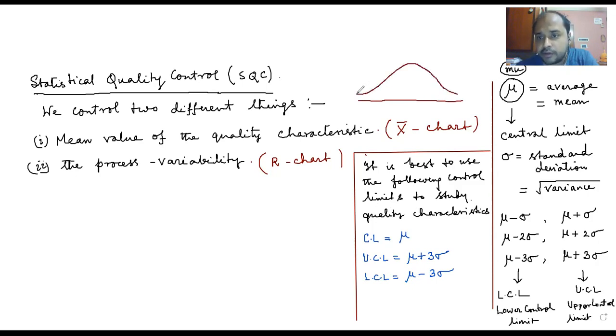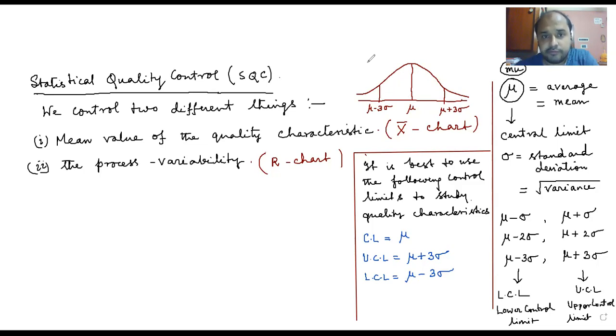So if you think about the normal curve, this is your mu, this is the central limit, and this quantity is called mu minus 3 sigma, and this quantity, I'm roughly drawing, is mu plus 3 sigma. So this part and that part are equidistant from mu.